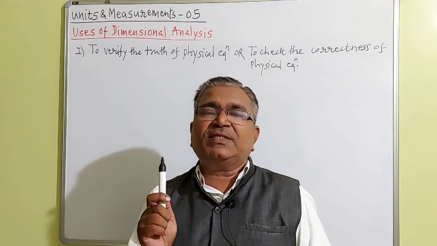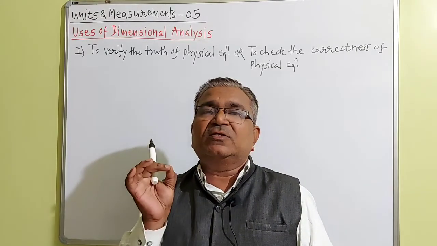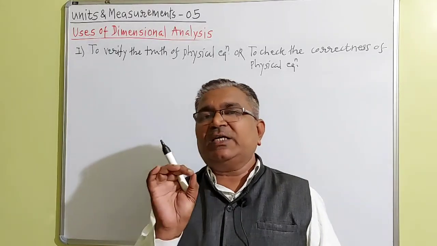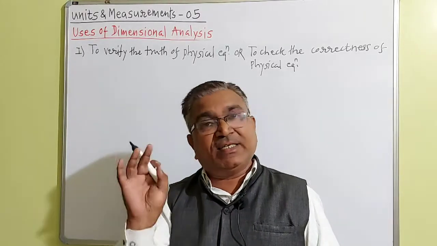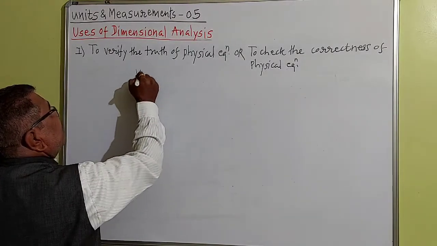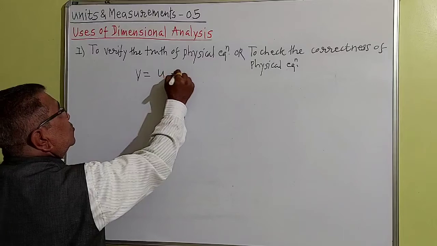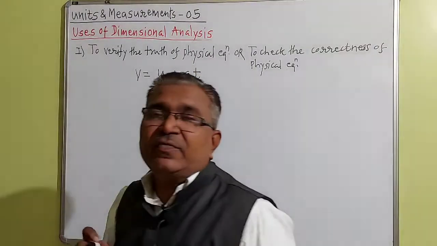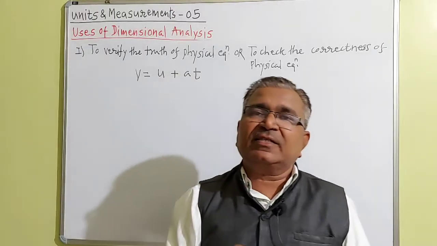For that purpose we are choosing the first kinematical equation, that is V is equal to U plus AT. I will write on the board. V is equal to U plus AT. How is this equation dimensionally correct?